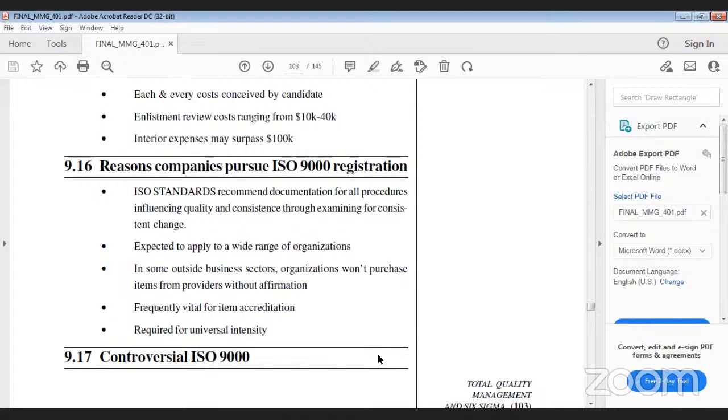So these are some points that must be noted about the process for involvement.